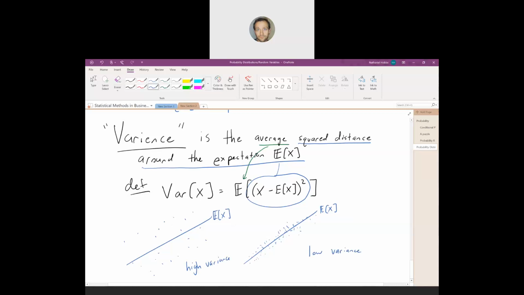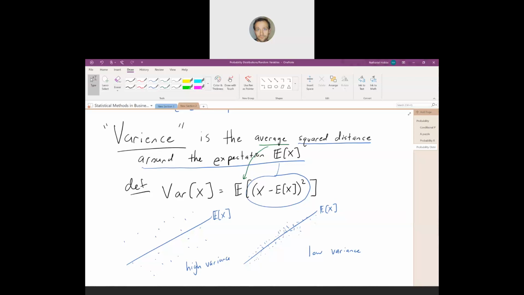If you want a picture in your mind, even though these have the same average value, the average distance of these points from the average value is big on the left-hand side. On the right-hand side, each of the points are pretty close to the expected value. So there's a low variance.